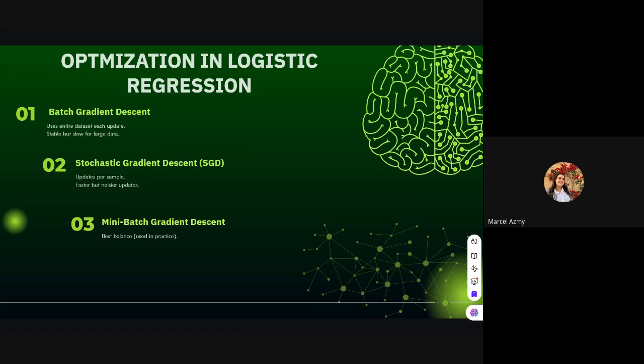You have said that we update the weights, so batch gradient descent updates the weights with every update on the entire data set, so it makes it slower. It costs resources and time. For the stochastic gradient descent, it updates per sample.